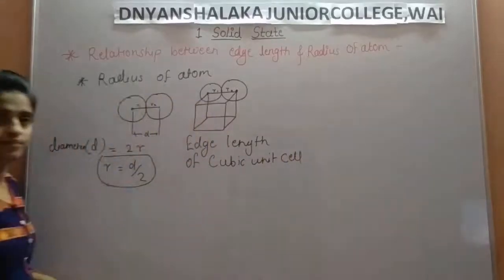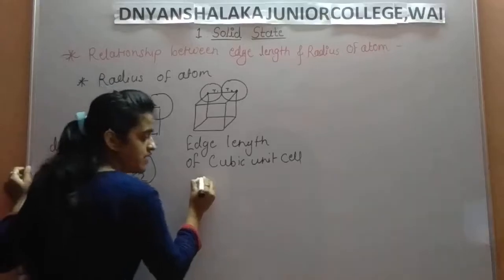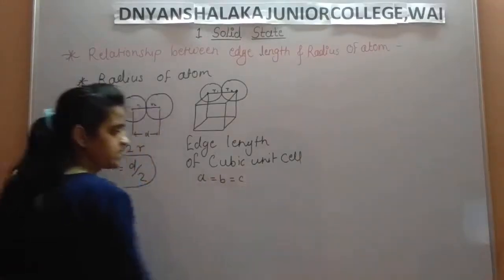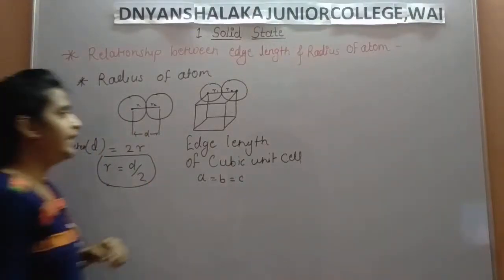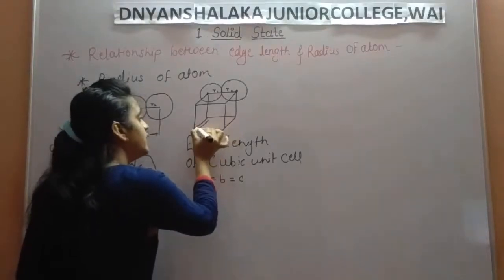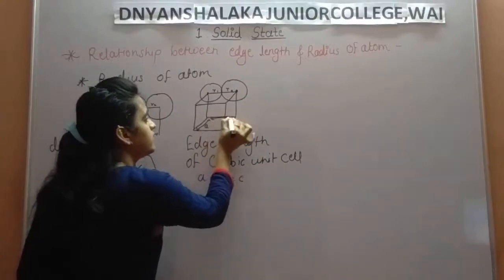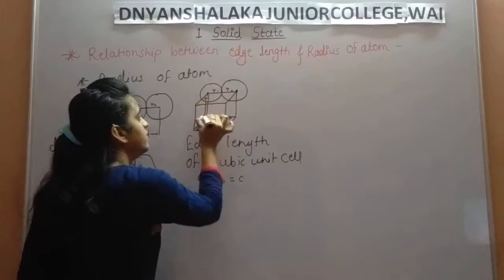The condition for the cubic unit cell: 3 edges are equal, A equals B equals C. This is our first edge, edge length A. This is the second edge length B and this is the third edge length C.